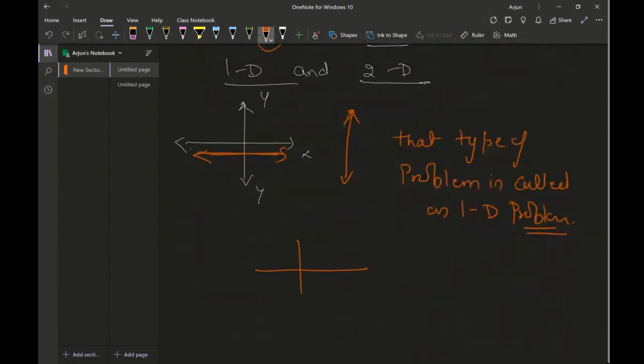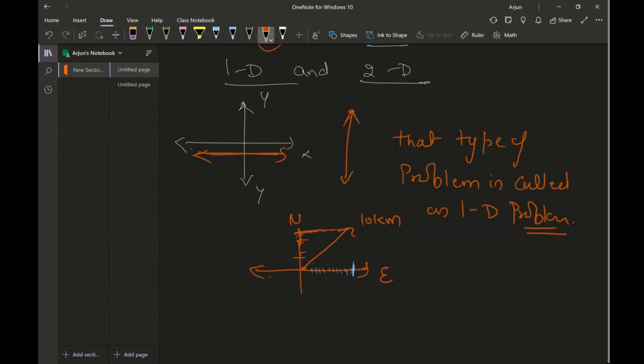And now a two-dimensional problem means that we are measuring a quantity along two axes. For example, this person covered a displacement somewhere in the northeast direction, of 10 kilometers. This person is not only covering a certain displacement in the east direction, with respect to the east he is here, and with respect to the north he is somewhere up at this point.